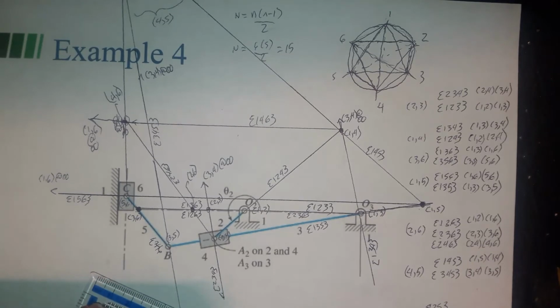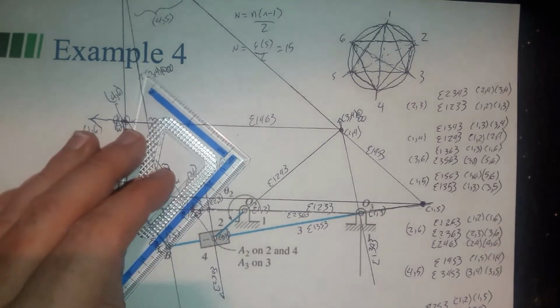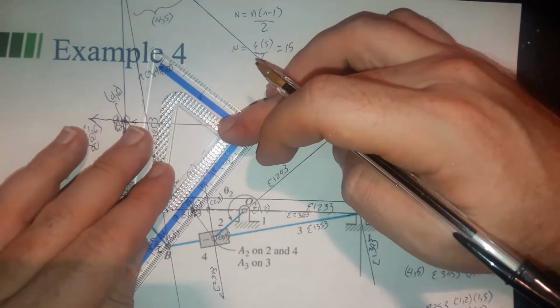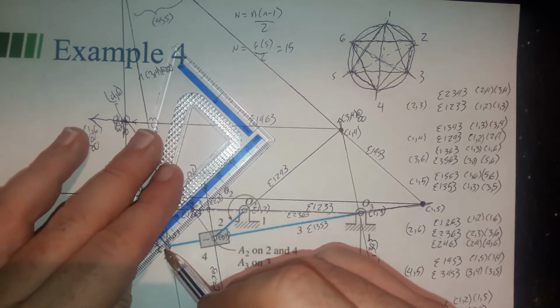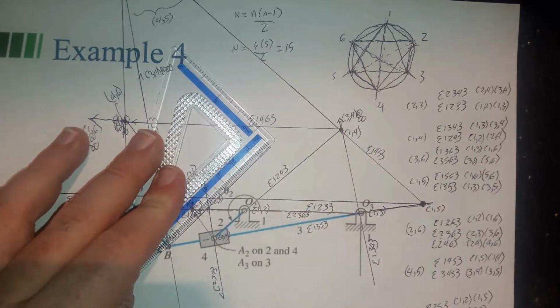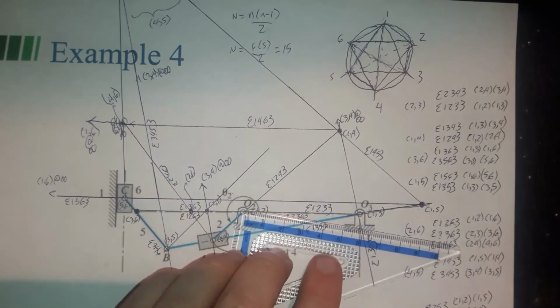And so for 1, 2, 5, 1, 2 and 1, 5 are the points I can use. And then for 2, 3, 5, I've got 3, 5 and 2, 3. Okay, and so this line 2, 3, 5 does something like that, and 1, 5, 1, 2.